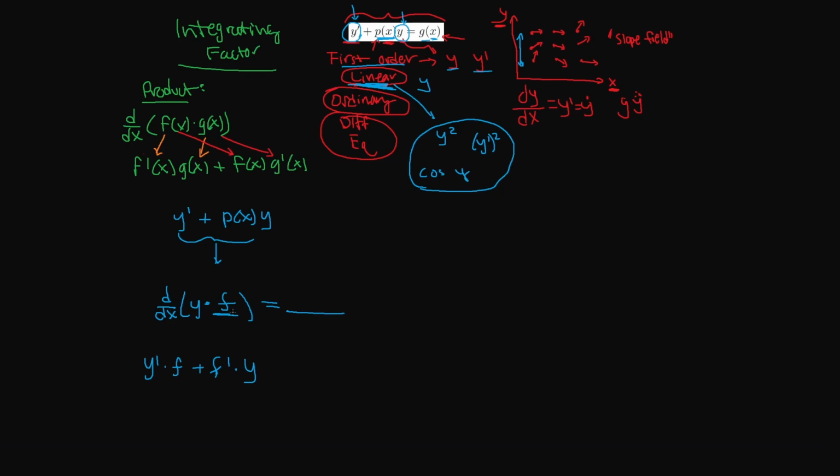And so we have one more thing that we need to keep track of to make this actually possible. Because first of all, y prime is just by itself. How are we going to have f here? And okay, sure, f prime, we could say, well, that looks like it goes in the spot where p of x goes. But we still have this big problem over here.